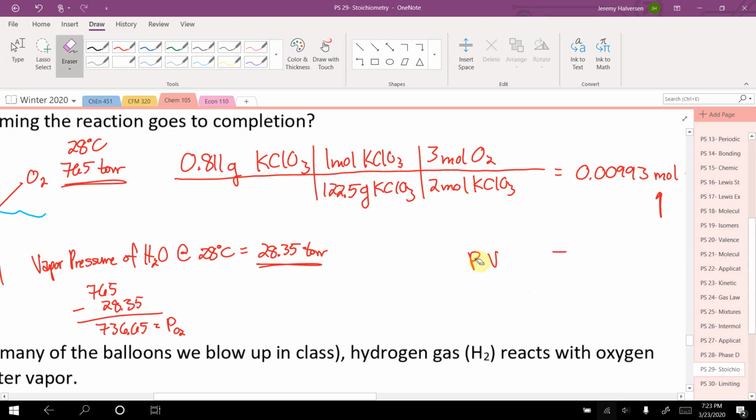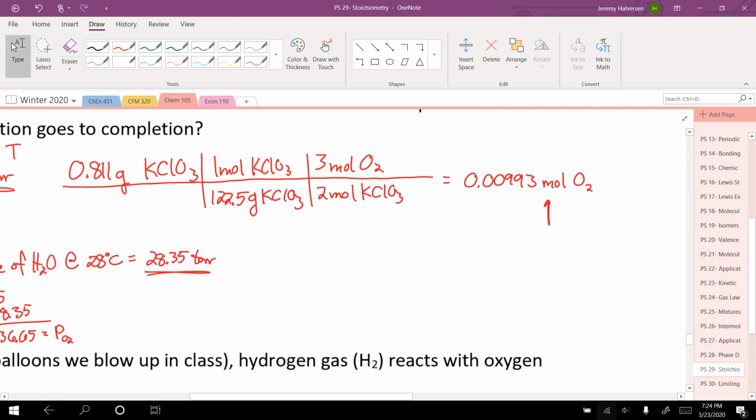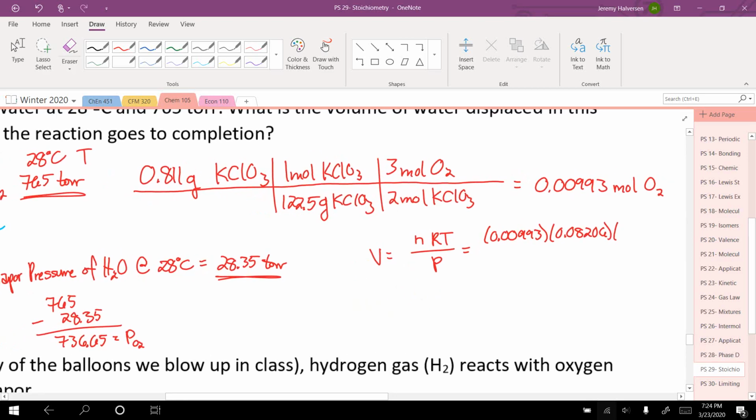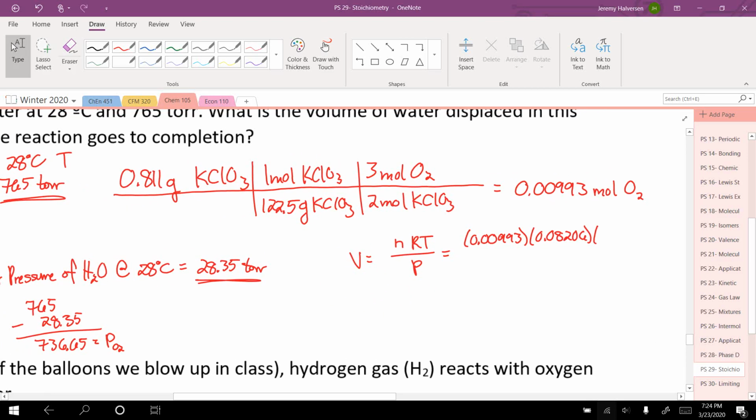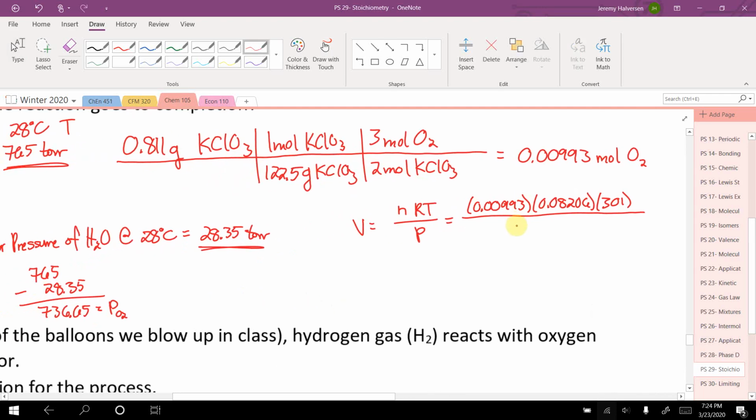So we now have the temperature of O2, the pressure of O2, and the moles of O2. And we're trying to find volume. We have our moles, ideal gas constant, and the temperature, and 0.1 for my pressure, but just the pressure of O2.